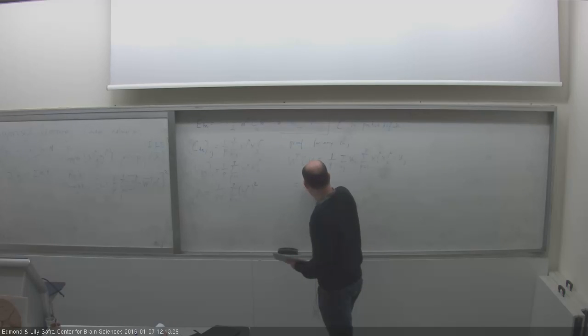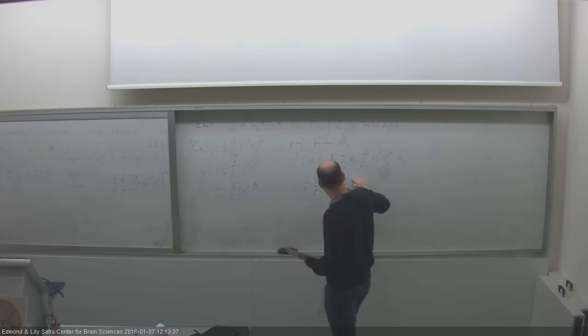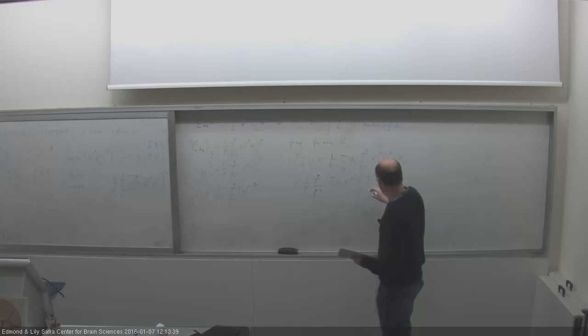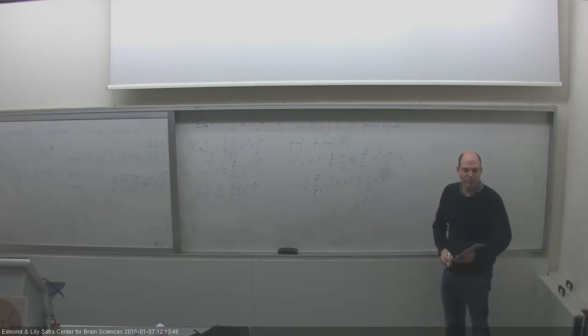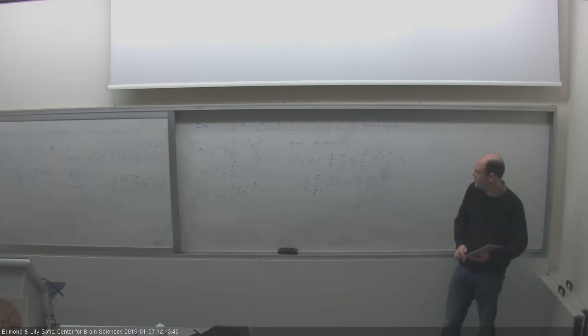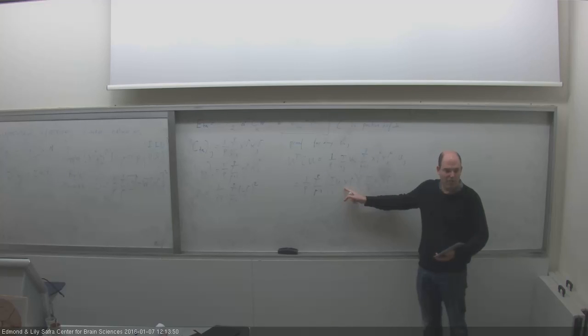And so what I will get is 1 over P, sum over mu going from 1 to P, actually sum over i, U_i x_i^mu, and sum over j, U_j x_j^mu. Right? But this is nothing but the scalar product of the vector U with the x of the example mu.